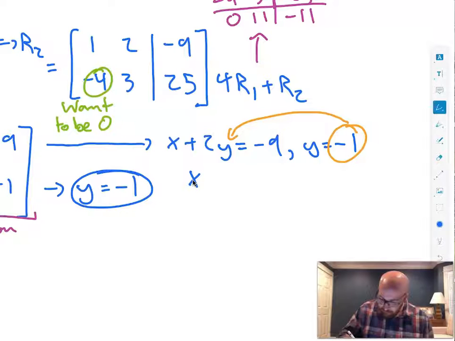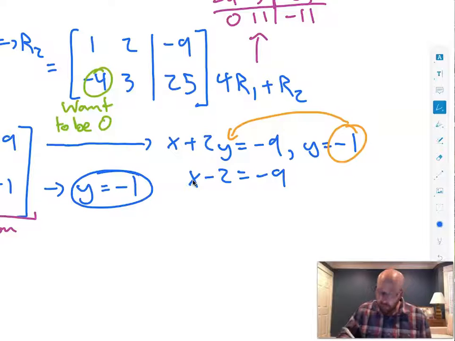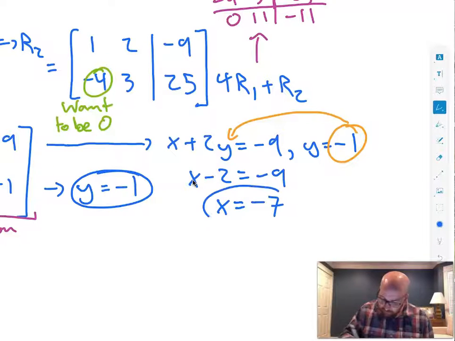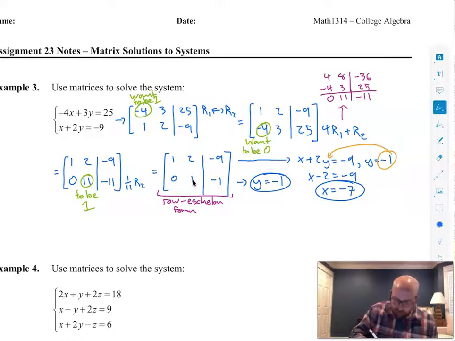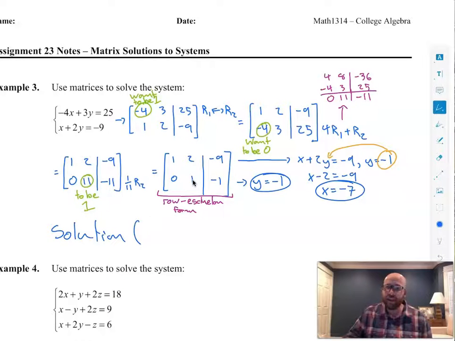X minus 2 is equal to -9. Then we'll add 2 to both sides. We get x is equal to -7. And there we go. We can now declare that we have a solution. Make sure your solution is in terms of x and then y, -7, -1.